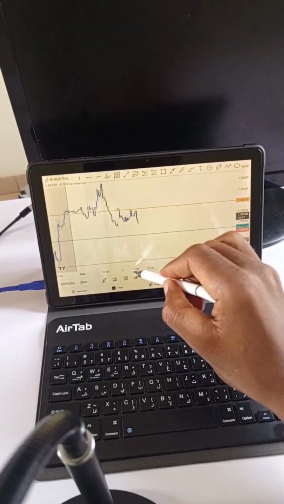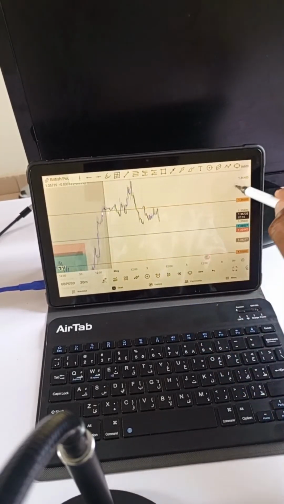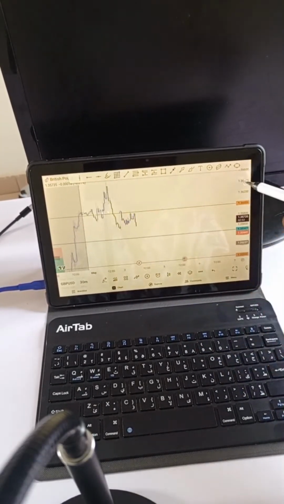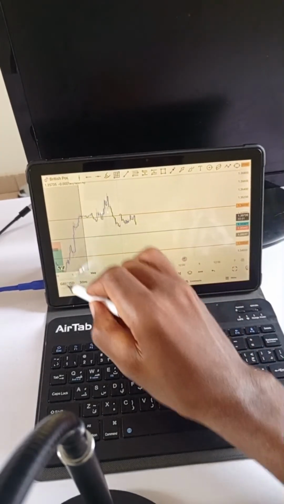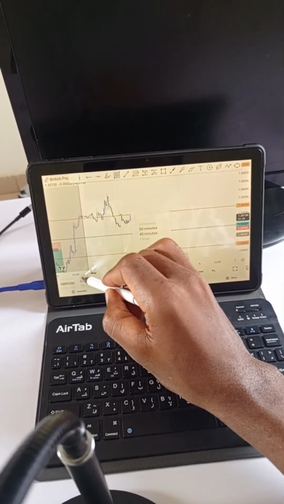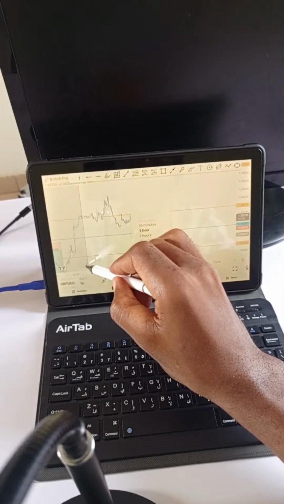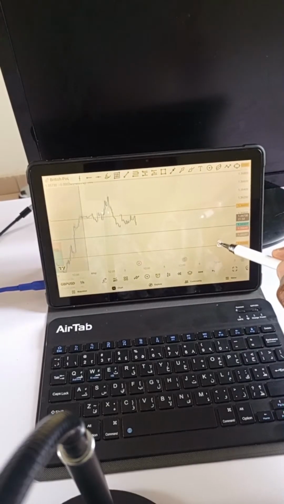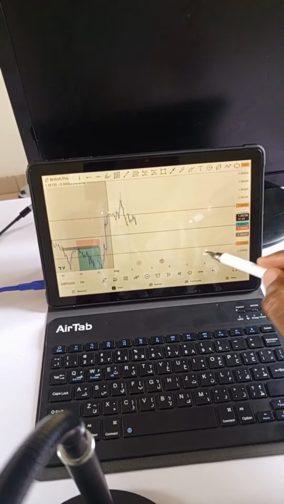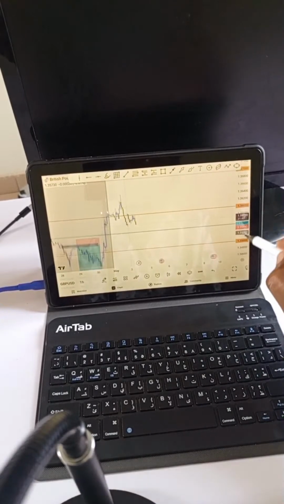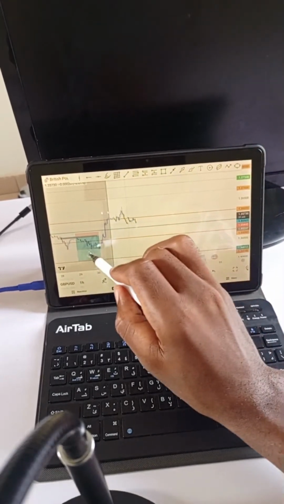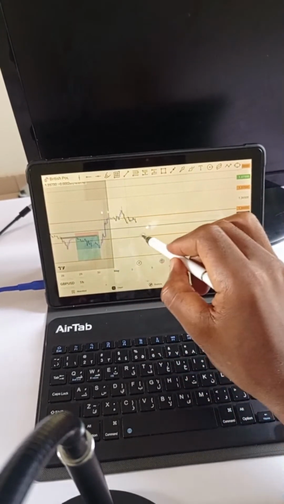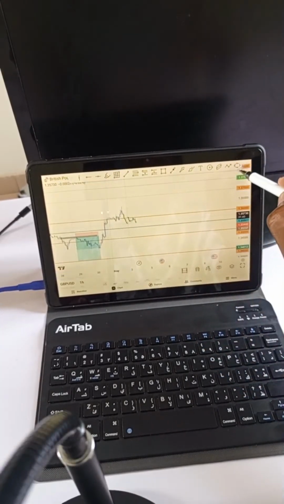Okay, so we did our top-down analysis and realized that the 4 hours, 1 hour, or let's say 4 hours daily are bullish. Let me just take off everything from this chart.